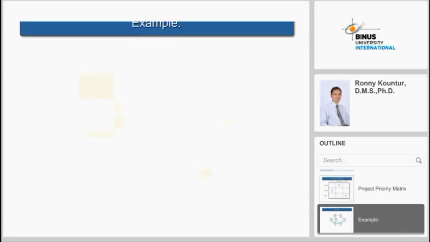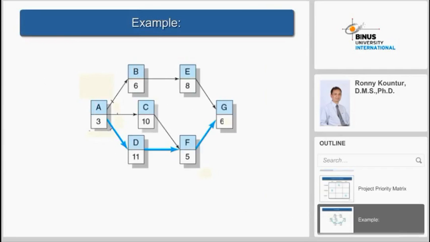Okay, let me give you an example. If you see in this drawing, this is a drawing of a project. This project has 1, 2, 3, 4, 5, 6, 7 activities: A, B, C, D, E, F, and G. Activity A requires 3 days to complete.